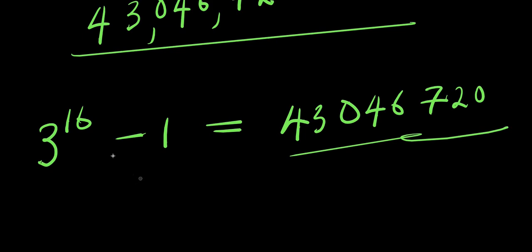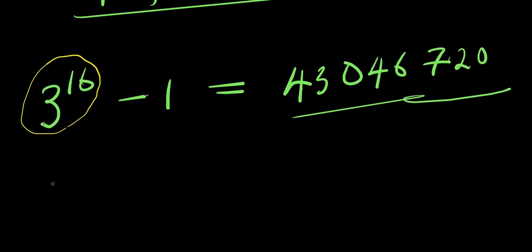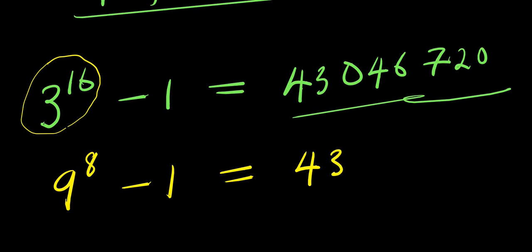And if you observe something, this value here is the same thing as writing 9 to the power of 8 minus 1. So this is just like writing 9 to the power of 8 minus 1. This will give you the same thing as 43,046,720.